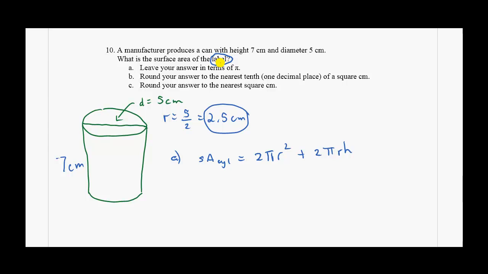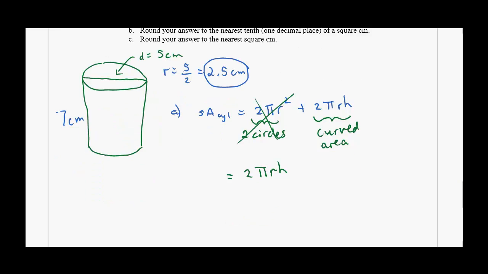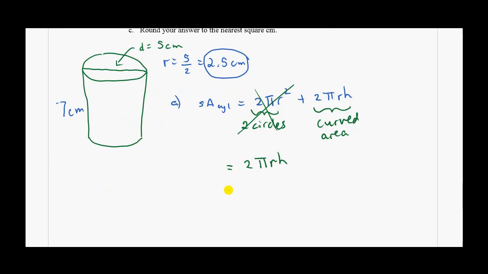This does not include the top and bottom of the can. These are the two circles. And this is the curved area. For the purposes of number 10, we would remove the two circles from the formula. We only require 2 pi r h, which would give us the surface area of the label of the cylinder.